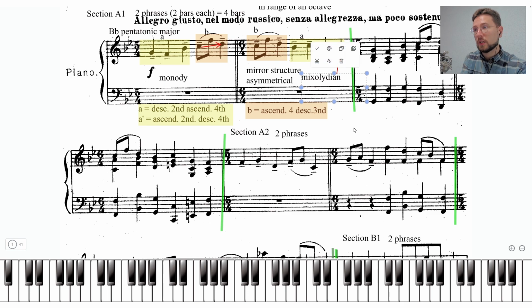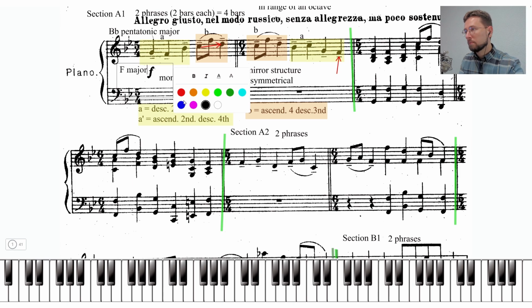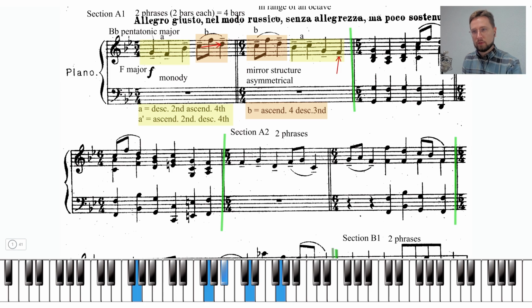It sounds mixolydian because that's what we would expect if we had the E flat, but in reality, it's harmonized as F major. So we have this harmonization that's completely F major. I would say that from the beginning, we could argue that there is this F major because there are no flats.